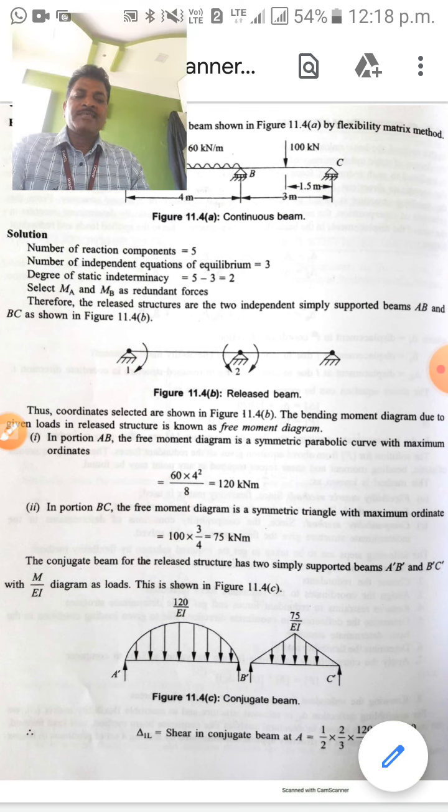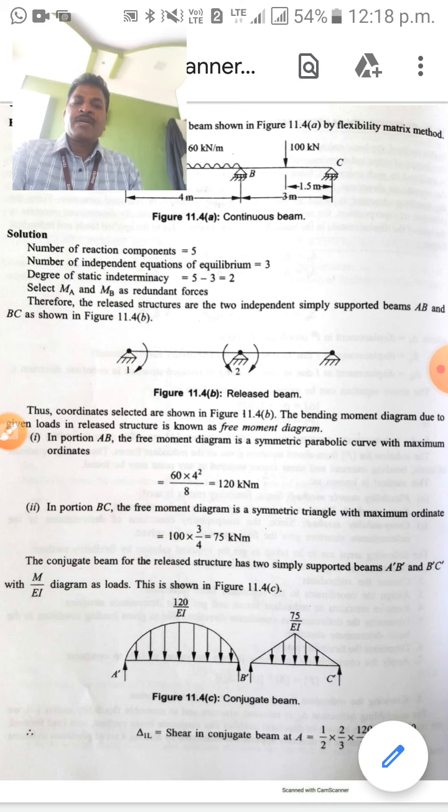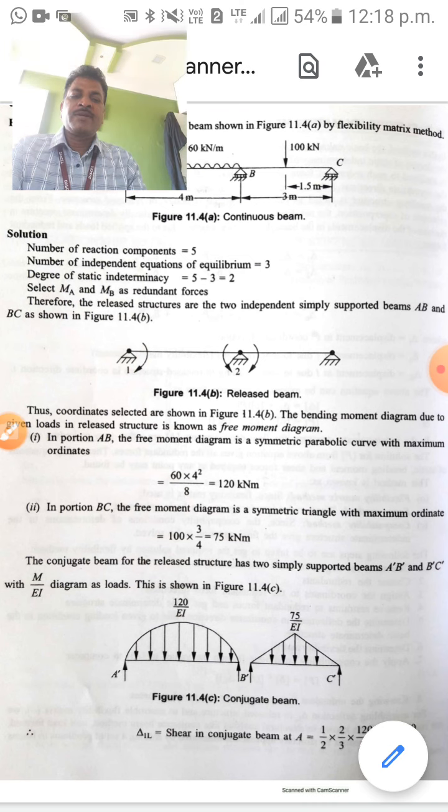Similarly for BC it is 100 into 3 divided by 4, equal to 75 kilonewton. The conjugate beam for the released structure has two simply supported beams A'B' and B'C' with the M upon EI diagram.